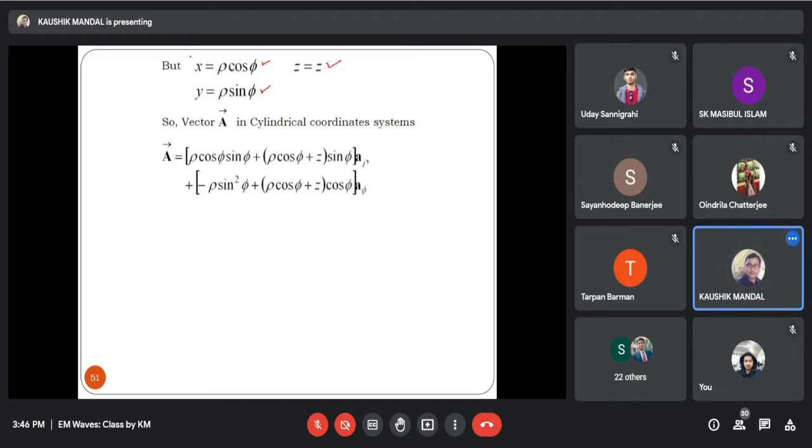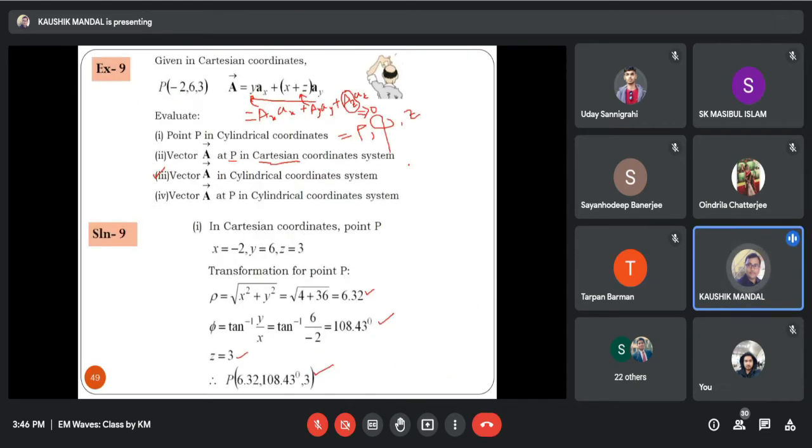This is the transformation equation from Cartesian to cylindrical. So in the previous equation, if you put x equal to rho cos phi, y equal to rho sin phi, and z equal to z, then the vector becomes completely converted into cylindrical form. That is how you can solve question number 3.